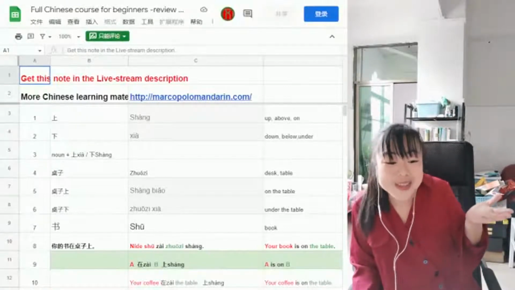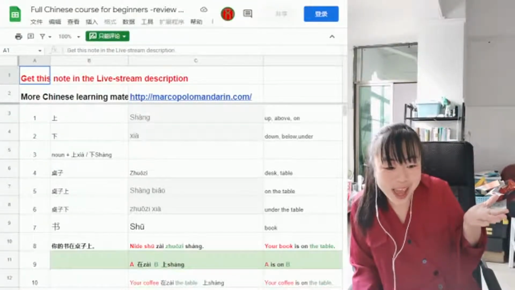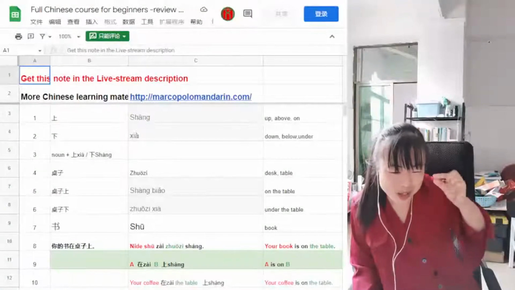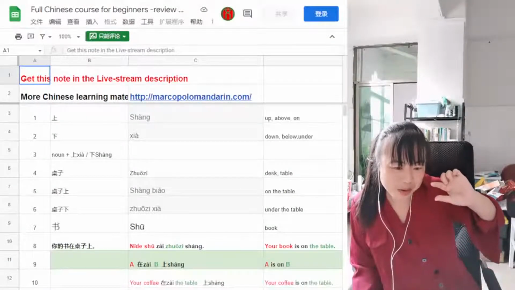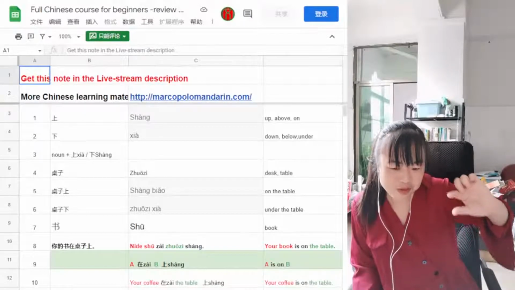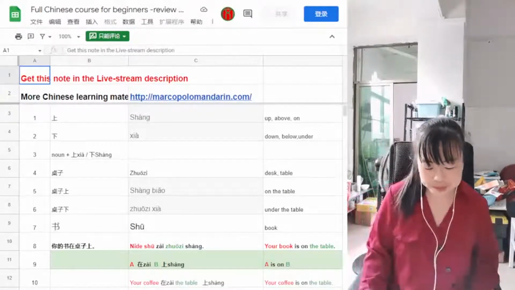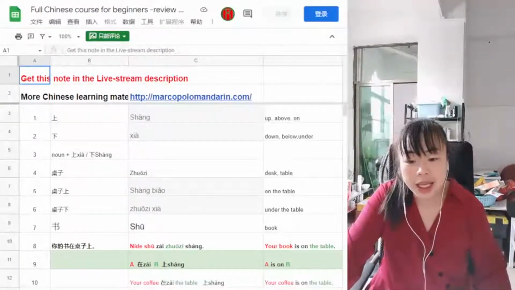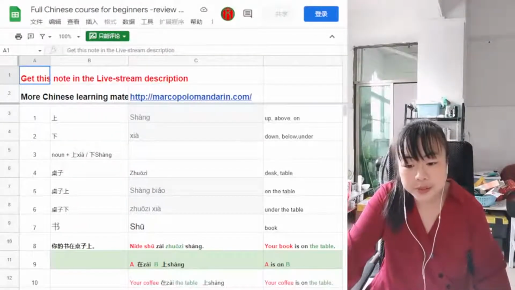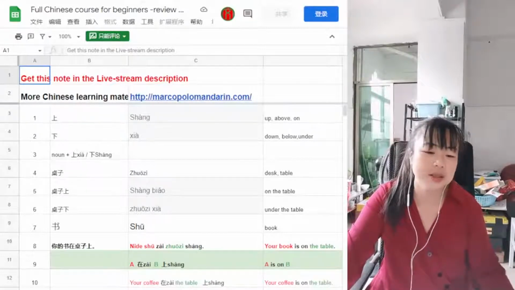You can't use it. So input is just a very small part, and I need your output to improve your Chinese. Okay, so now let's keep moving. Let's go step by step.